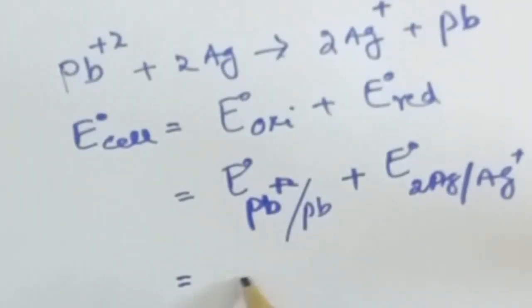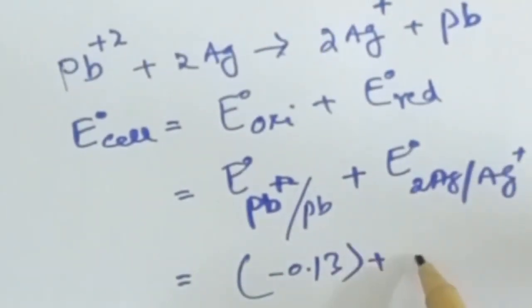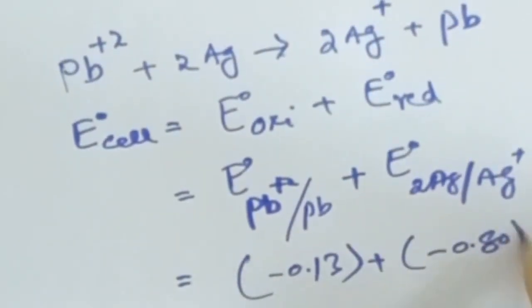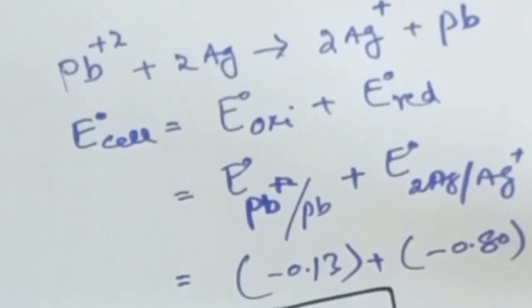Putting the values, we get 0.13 for lead and minus 0.80 for silver. So we obtain the value which is equal to minus 0.93. So again the sign is negative. It means the negative sign shows non-spontaneity of a chemical reaction.